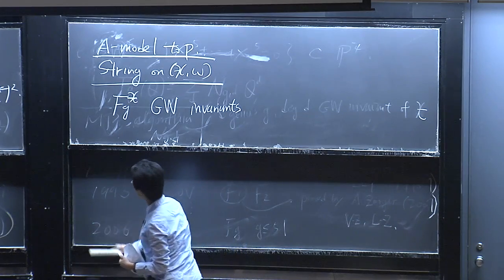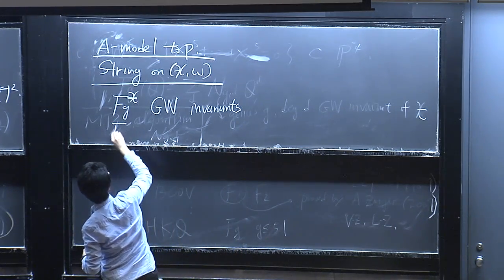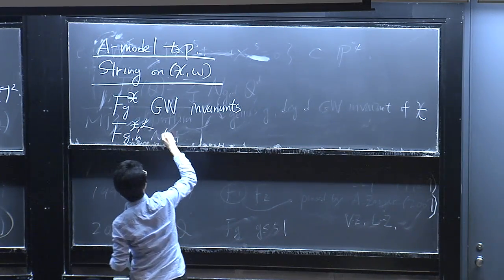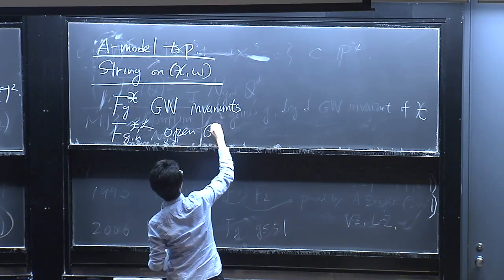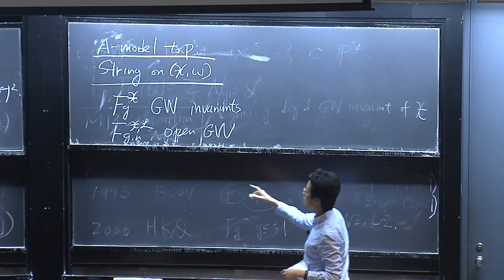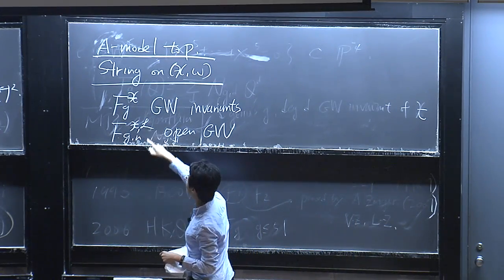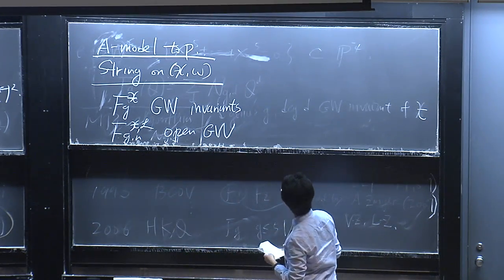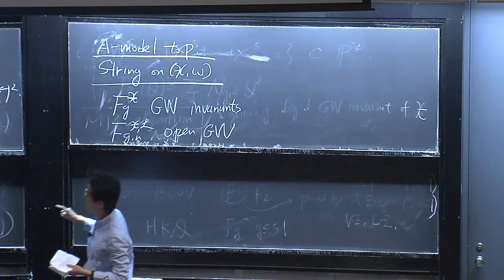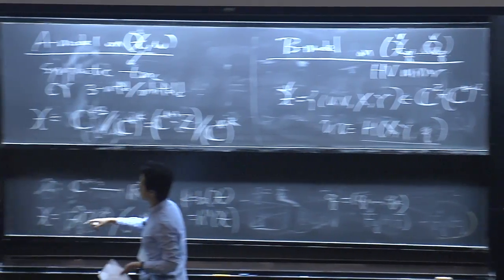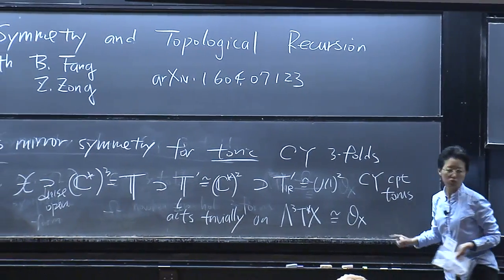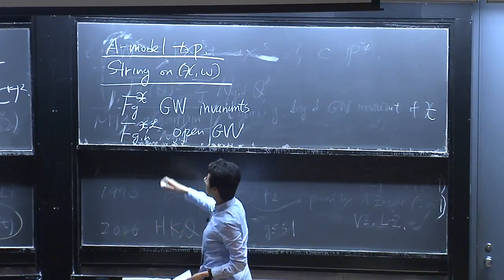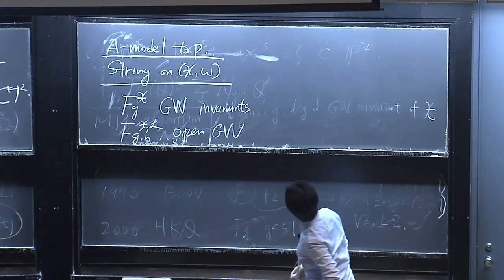Moreover, we can also define open Gromov-Witten invariants, which count holomorphic curves to X with boundary in some Lagrangian introduced by Aganagic and Vafa. And these Lagrangians are invariant under the action of this compact Calabi-Yau 2-torus. So these can also be defined and computed using the torus action.